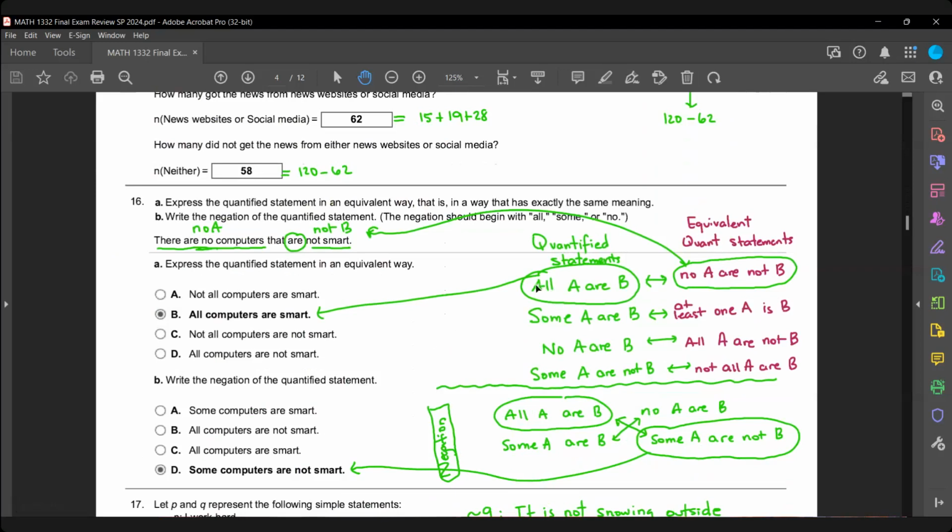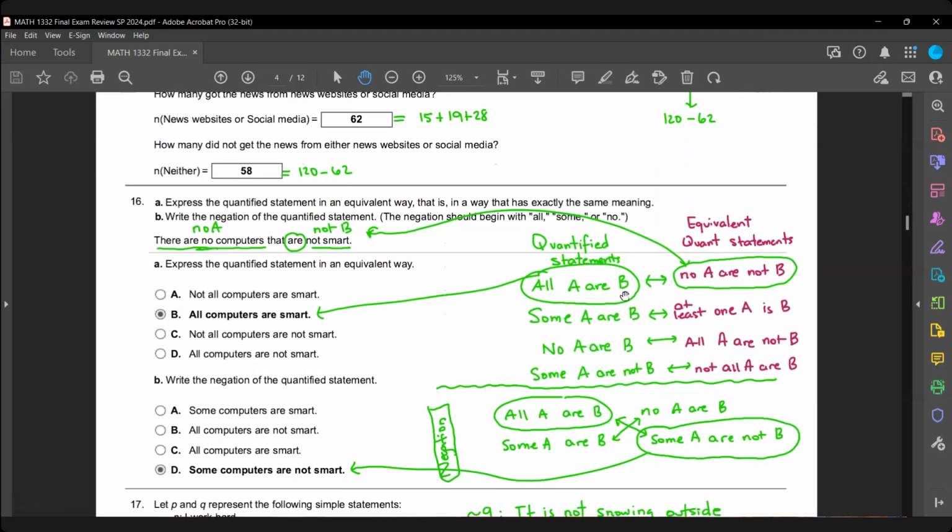A quantified statement will be of the form of something that looks like these four types: all A are B, some A are B, no A are B, some A are not B.